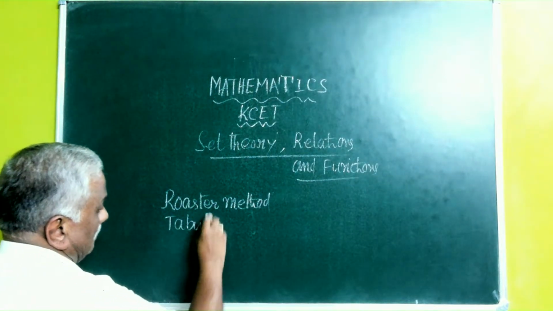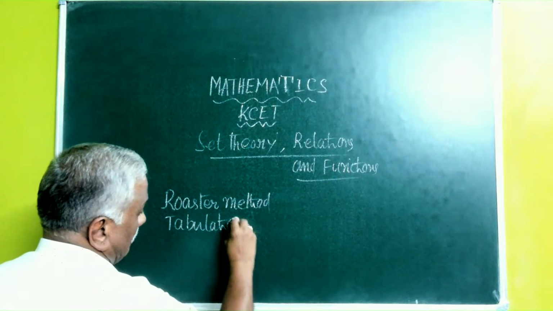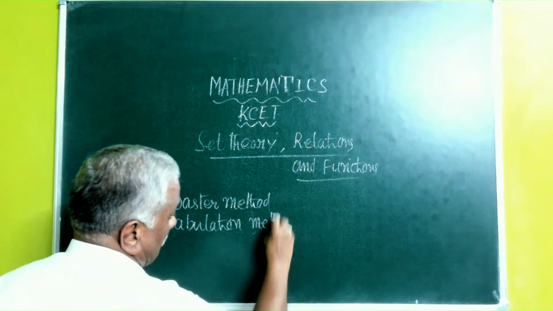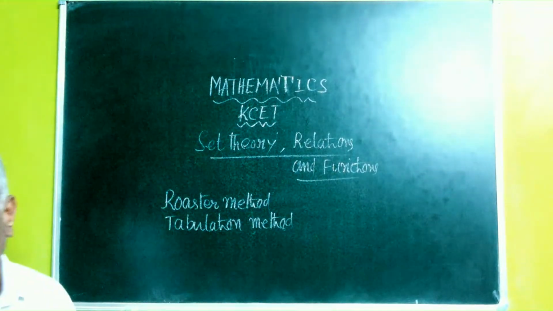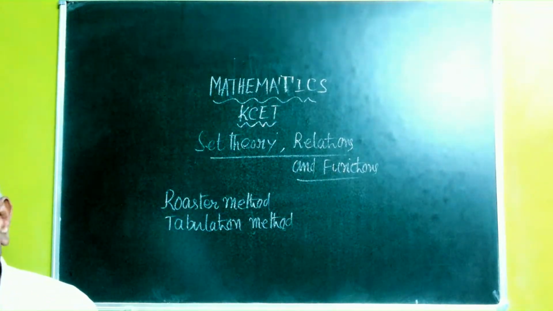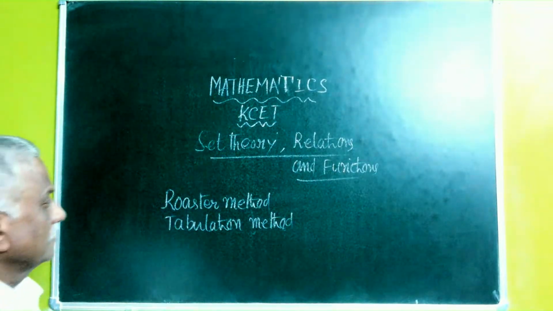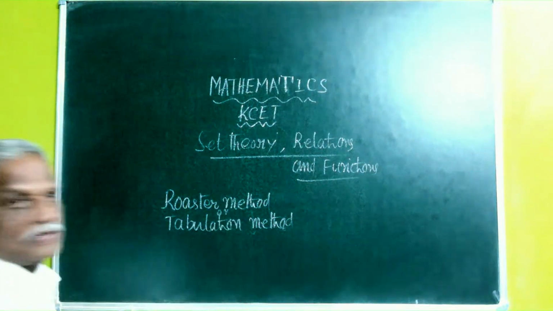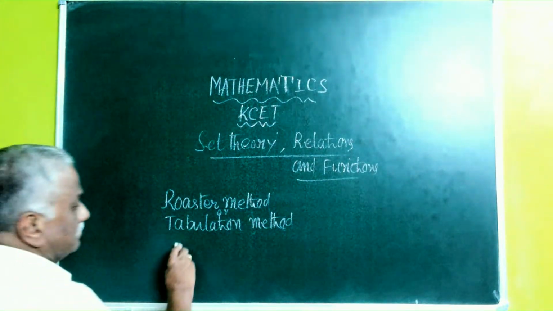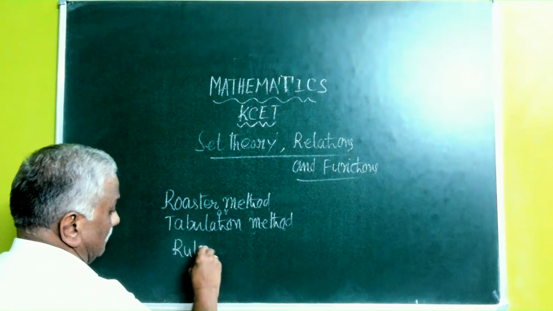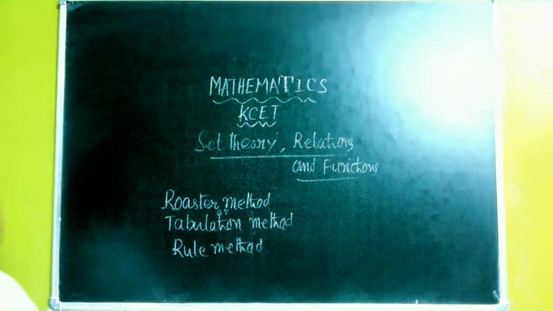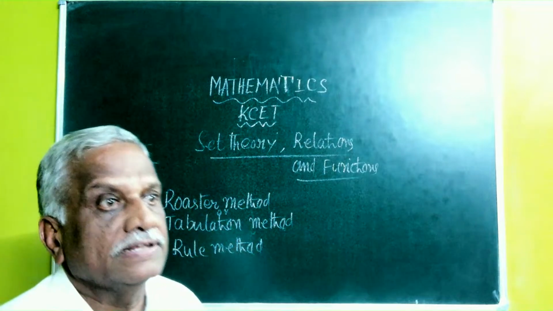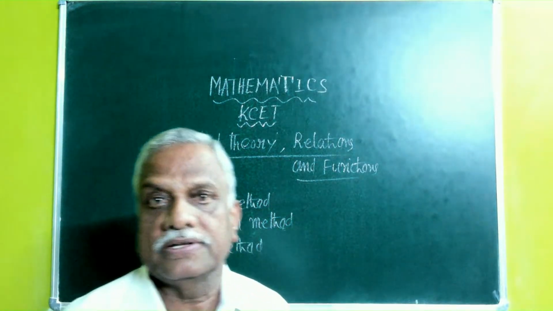Tabulation method, roster method, tabulation method. Then these are the same. The next is the rule method. Now, all these things you have studied, I'm just helping you to recollect this.